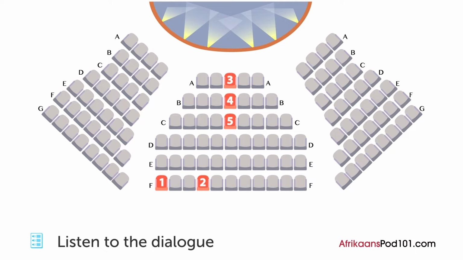OK, ons gee nie om nie. Het u enige spesifieke voorkeure? Wel, het u enige gangsitplekke? Ja, ons het 1 gangsitplek aan die linkerkant van die middelste deel. En regs daarvan, 3 sitplekke verder, het ons nog 'n vry sitplek aan die kant. OK, reserveer asseblief die gangsitplek.